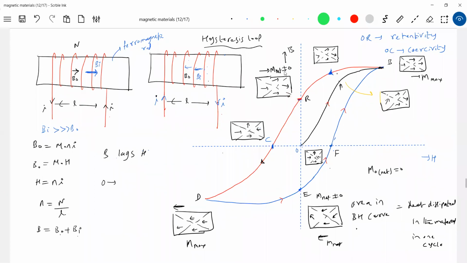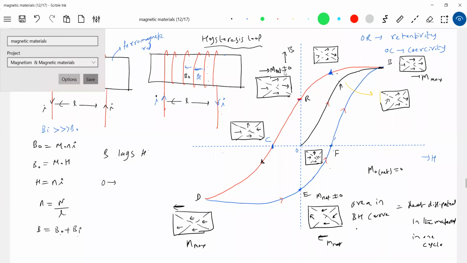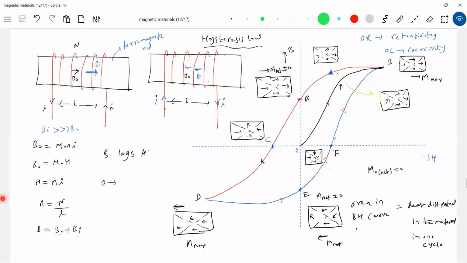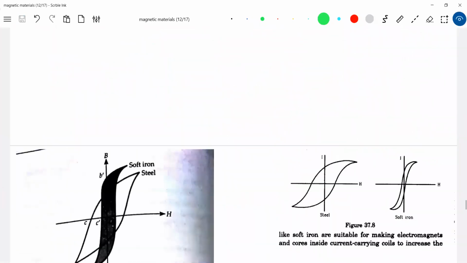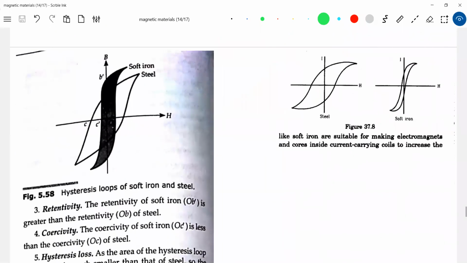Okay, let's get into the application part. So this hysteresis curve, based on this. Now if I plot the hysteresis for soft iron and steel, for the soft iron, the area is less. You can see that from this.